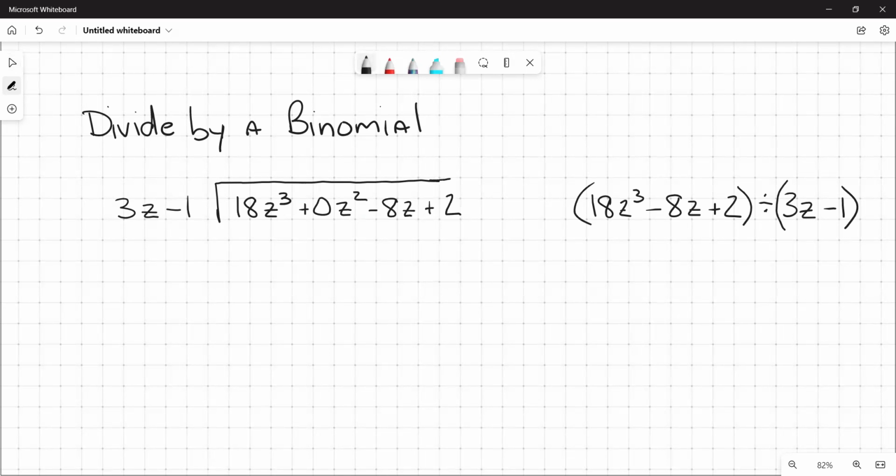From here, we follow the same technique as yesterday. So we take the 3z, we divide it into 18z to the third, and it goes 6z squared times. And then we multiply, and we get 18z to the third minus 6z squared. Then we subtract all of this.